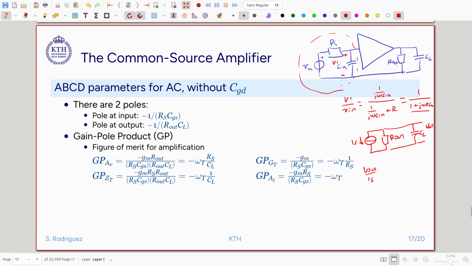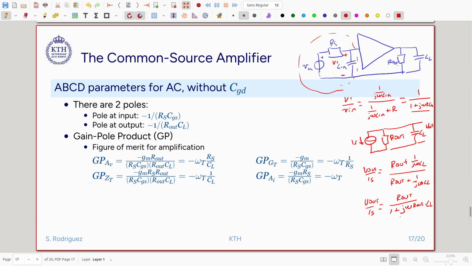V out divided by IS is going to be equal to R out in parallel to 1 over omega CL, and then V out divided by IS is going to be equal to R out divided by 1 plus j omega R out times CL.